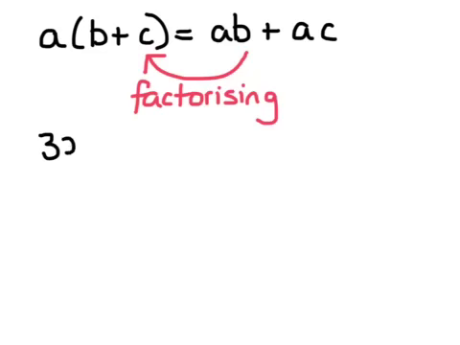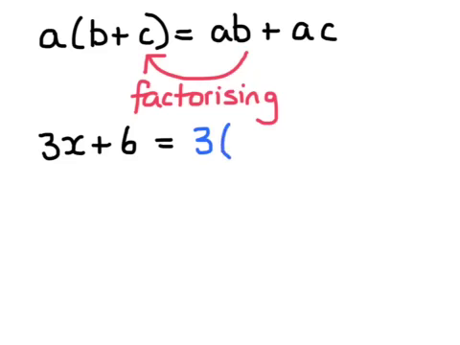If I'm asked to factorise 3x plus 6, for example, I look at both terms, 3x and 6, and ask what can divide into both. The answer here is 3, so 3 comes out as a factor. Then I open a bracket and work in reverse.